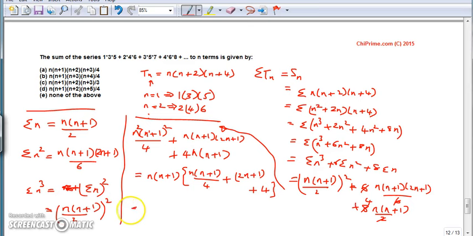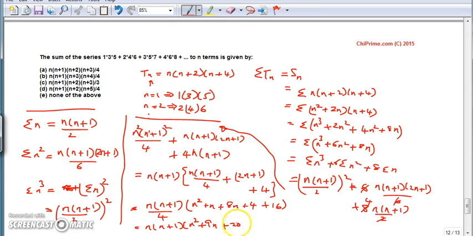And if we expand this out, we get n times n plus 1 times n squared plus n plus 8n plus 4 plus 16 all over 4, which simplifies to n times n plus 1 times n squared plus 9n plus 20 divided by 4.